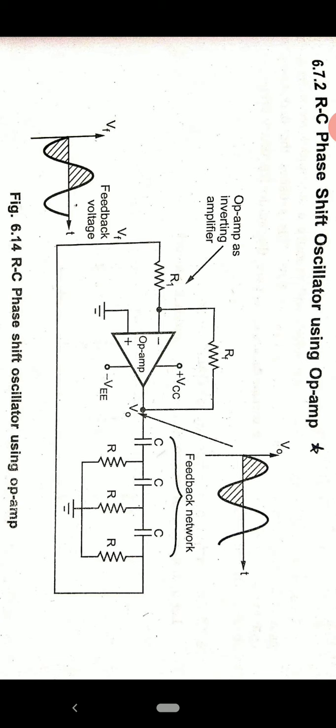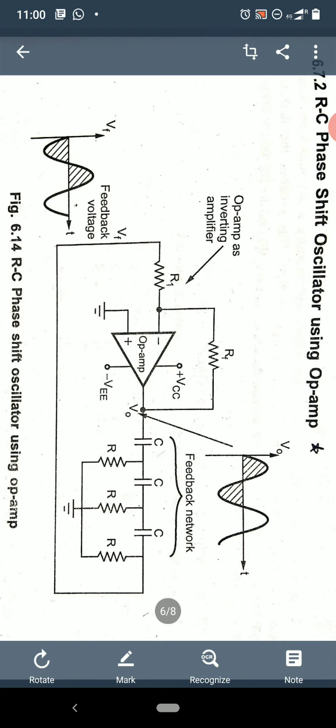In the diagram you can observe that the output of the op-amp is given as input to the feedback network, and the output of the feedback network is given as input to the op-amp. So effectively at the input side you get the same signal, with either 0 degree or 360 degree phase shift. That means you have fulfilled the criterion of positive feedback.